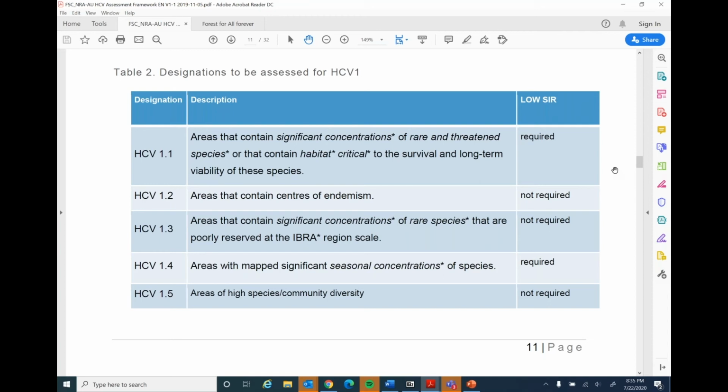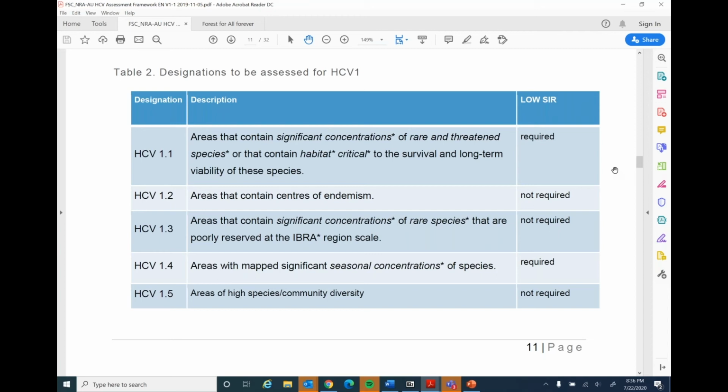So in terms of these tables, the first table, which is table 2 here on the screen, refers to the categories of high conservation values, and these are as defined by FSC International. Your first column is essentially a designation category to give you a means of tracking that in your assessment documentation, then a description of what the high conservation value is.